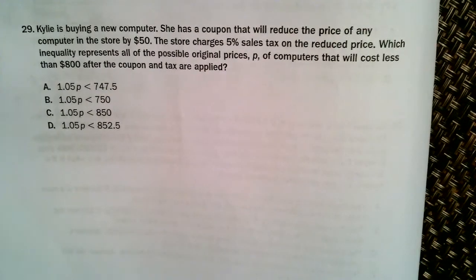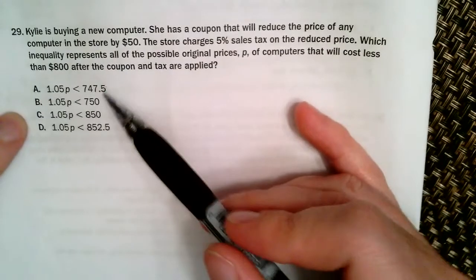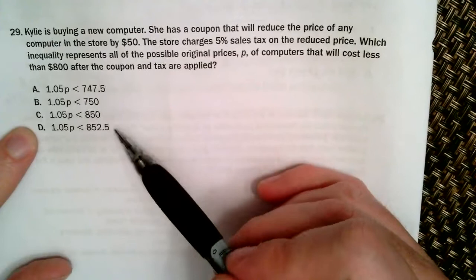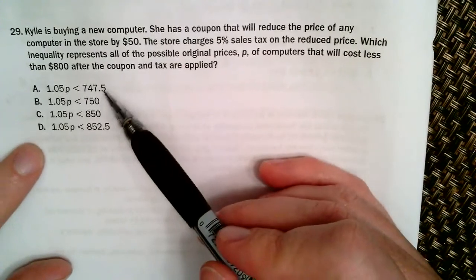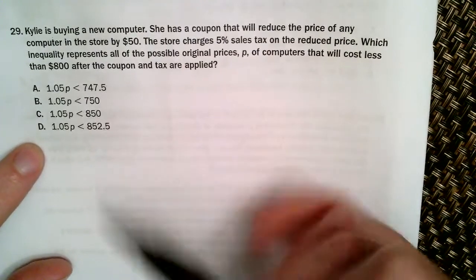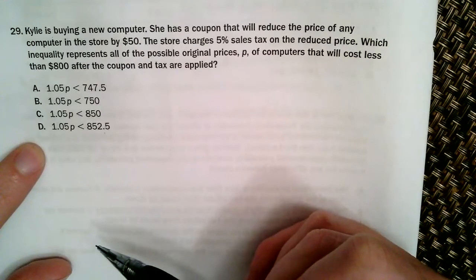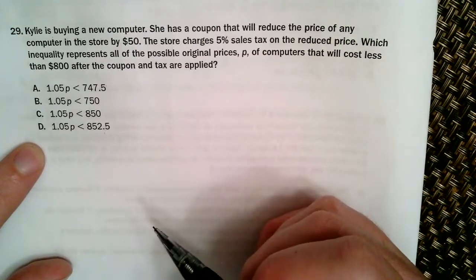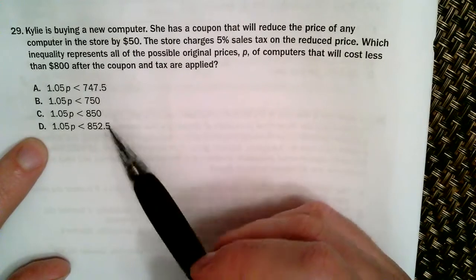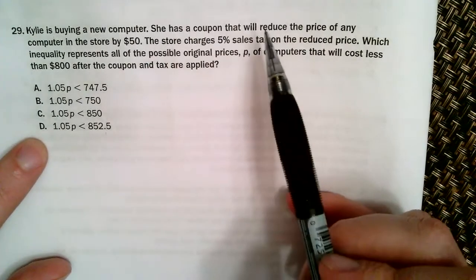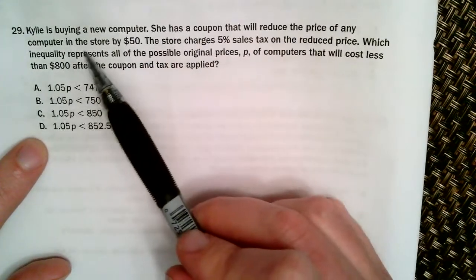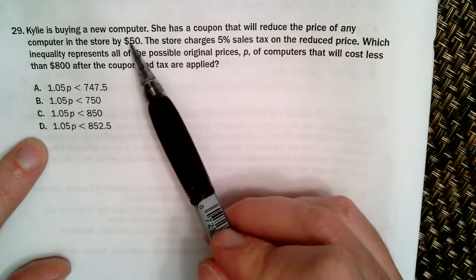To solve this problem, one of these inequalities has to be true. So you're just going to pick one of these to work with. It says the coupon is going to reduce the price of any computer in the store by $50.